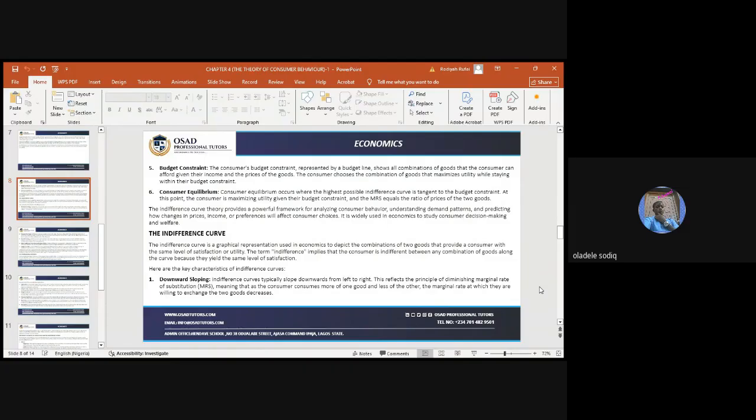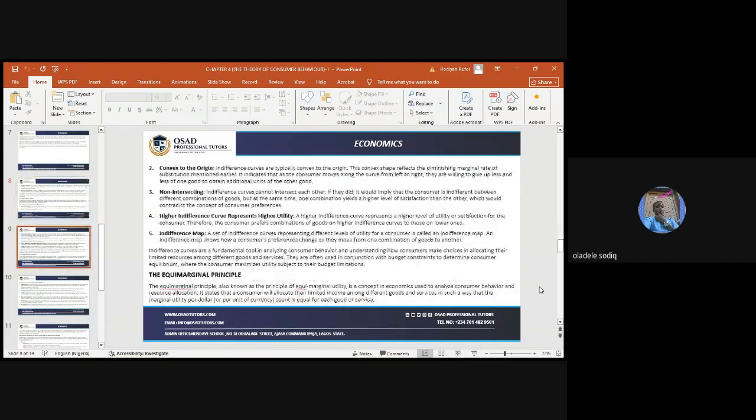Number two is that indifference curves are typically convex to the origin. If I were you, I would take note of that too. Number three is that indifference curves cannot intersect each other. I'm going to ask all these things now, so please take note of that too.